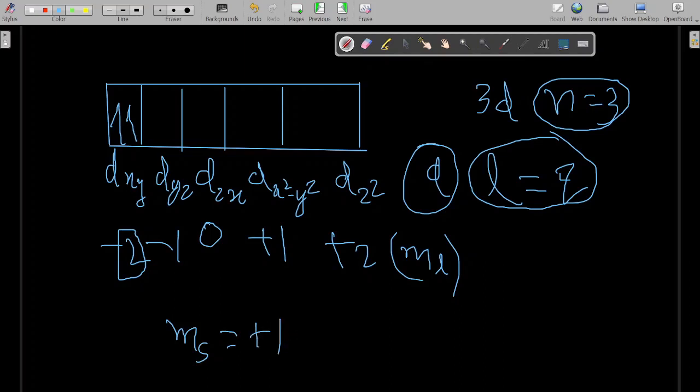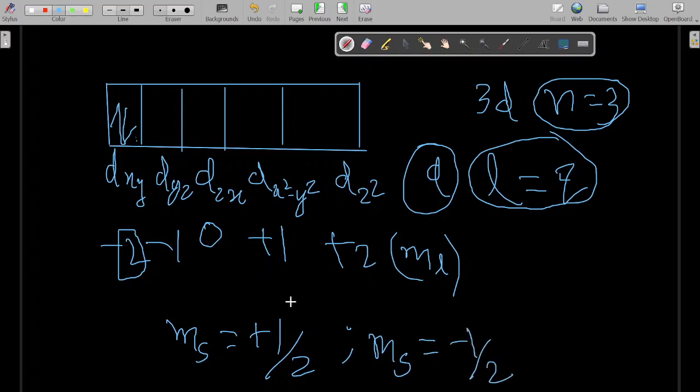But if we give the same direction of arrow, that means they have similar spin, and similar spin is not possible according to Pauli's exclusion principle. So the electron will be filled like this, so that the ms value is different, minus half, that is opposite spin.